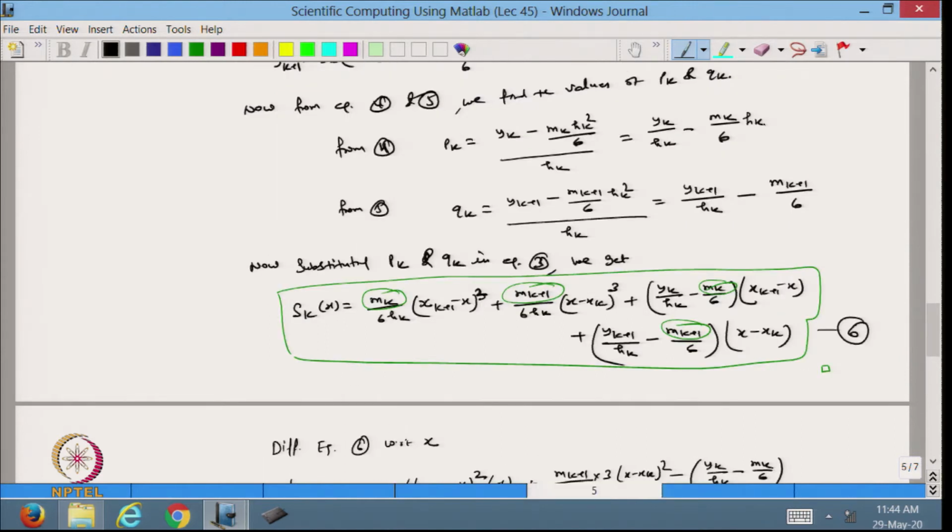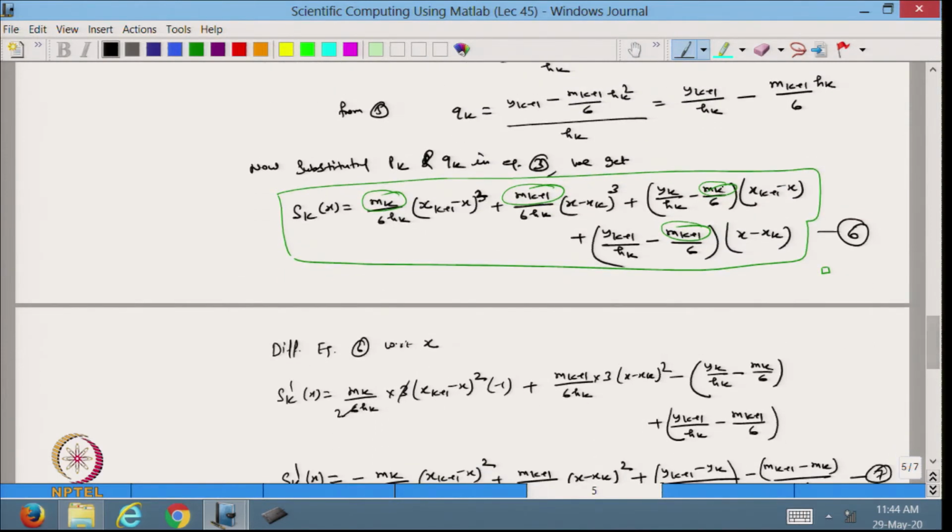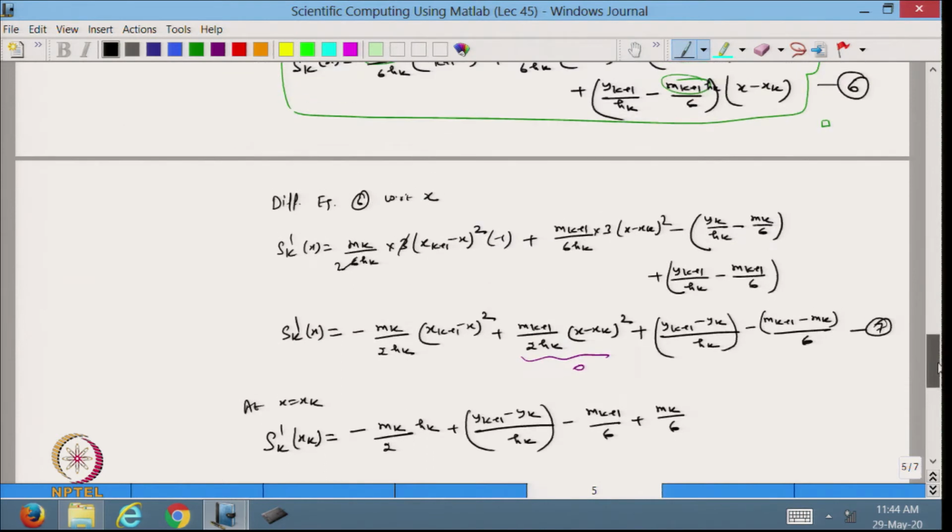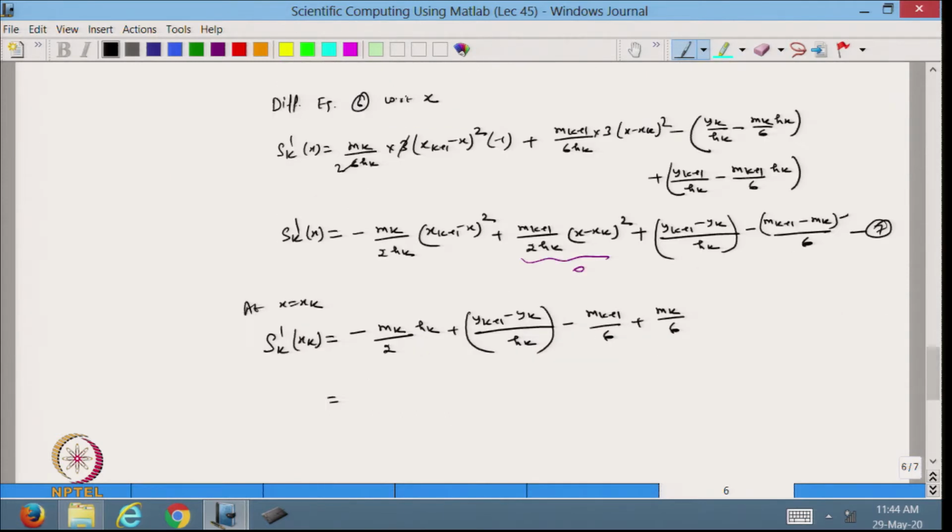This will also be hk, this will be hk. Now from here I will get this into hk multiplied by hk. So this will be into hk, and this is also hk. Now from here this will be equal to hk and that will be hk.